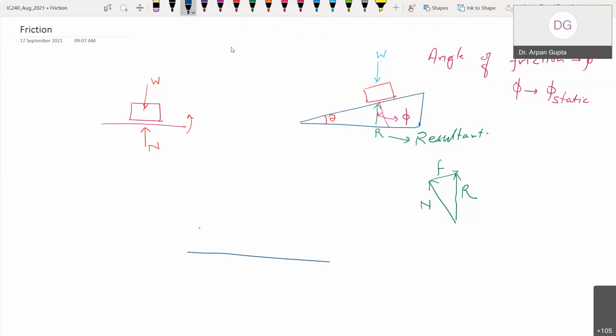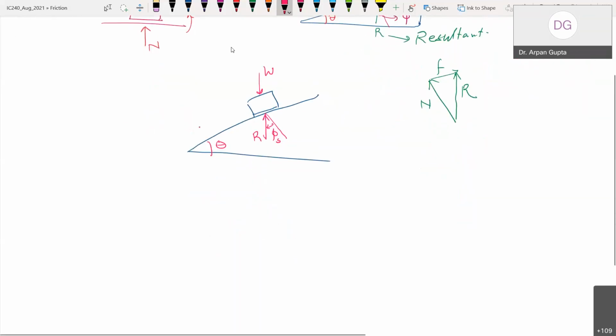If I further increase theta to another value, more than in the second figure, here this is the weight W, and this is the normal line, and the maximum that we can go is phi s. So the resultant force can reach a maximum up to this range, and beyond that it will not be able to go further.